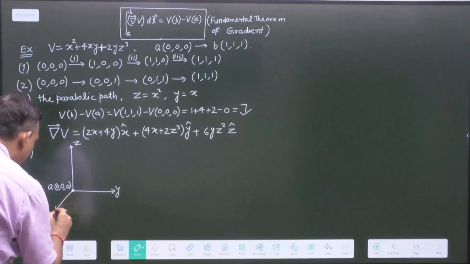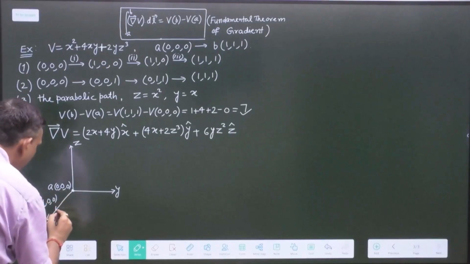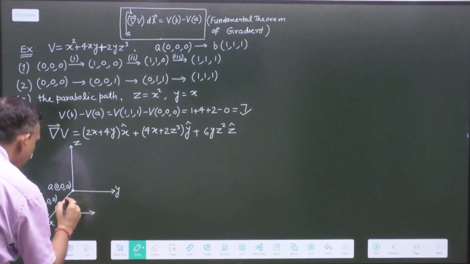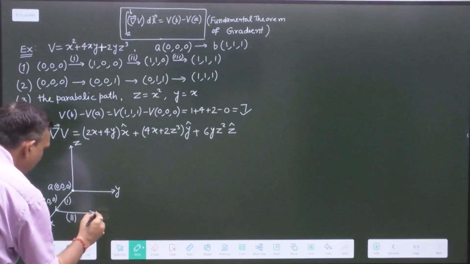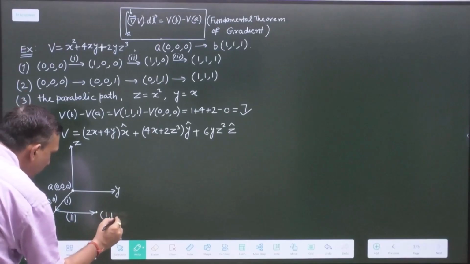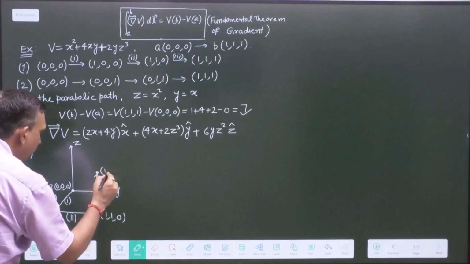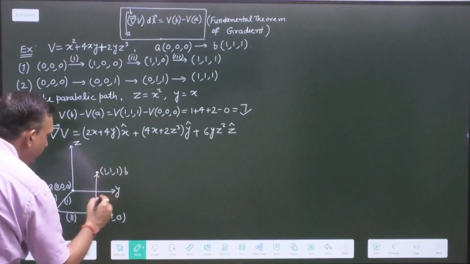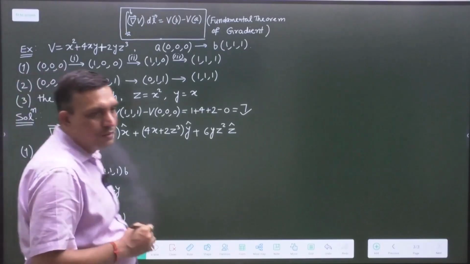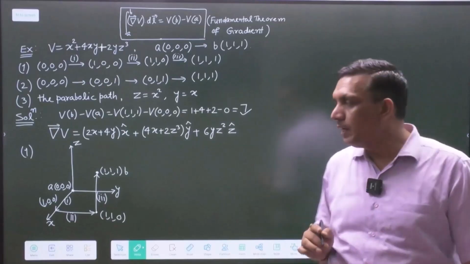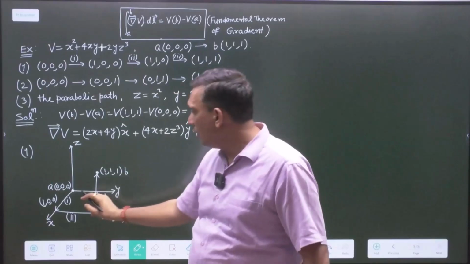In segment 1, you move from 0, 0, 0 to 1, 0, 0. Segment 2 ends at the point 1, 1, 0. Then you have segment 3, ending at the point 1, 1, 1, which is point B. So along these 3 segments, we have to find the gradient V dot dl, moving from A to B along this particular path.